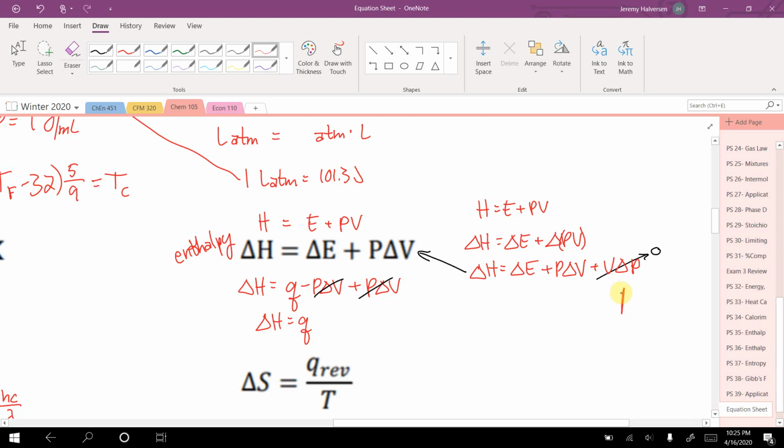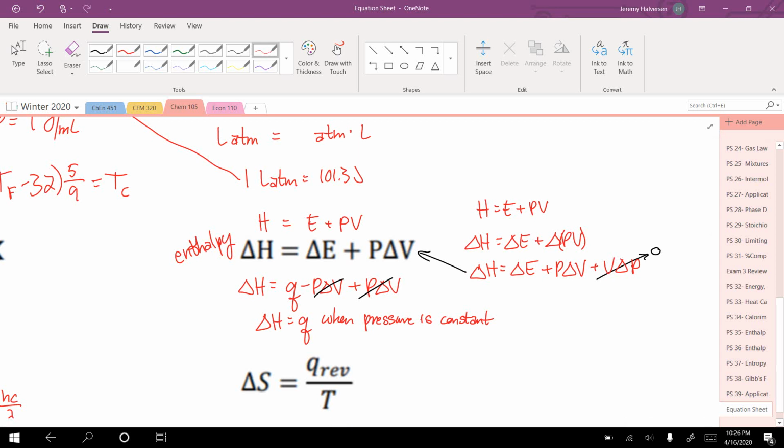Well, when pressure is constant, we made that assumption right here, basically enthalpy simplifies to just referring to heat.